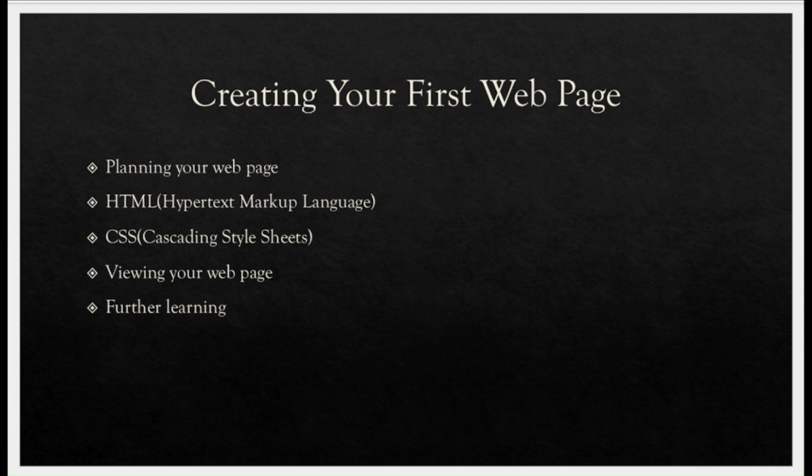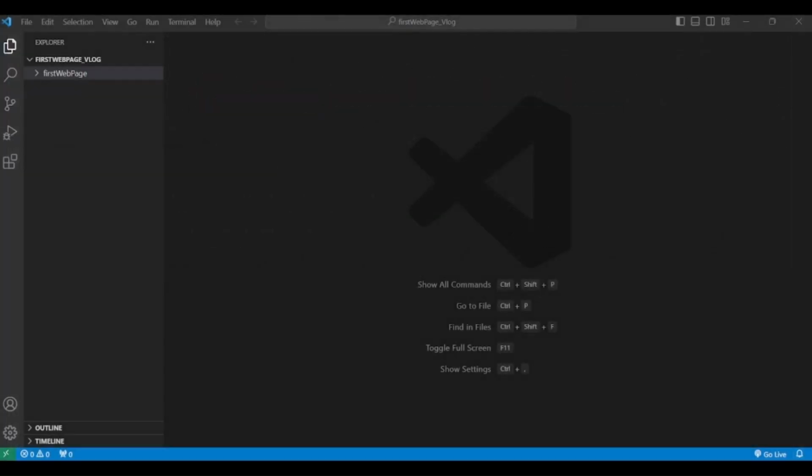Now that we have understood some common HTML and CSS terms, we are ready to create our first web page. Let's go to VS Code and see how that's done. So here, the first thing we have to do is create a file. We'll create two files, one for HTML and one for CSS. The HTML file is created like this.